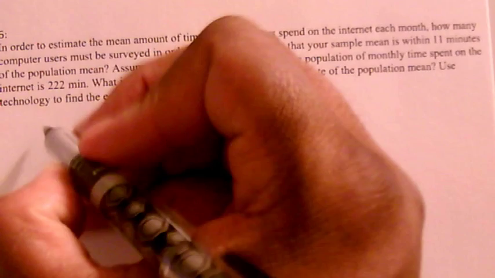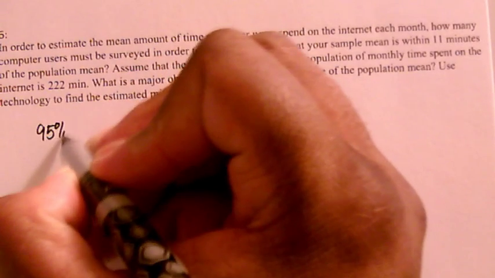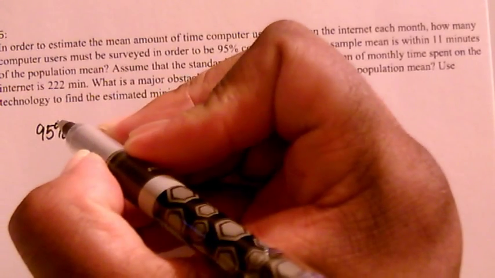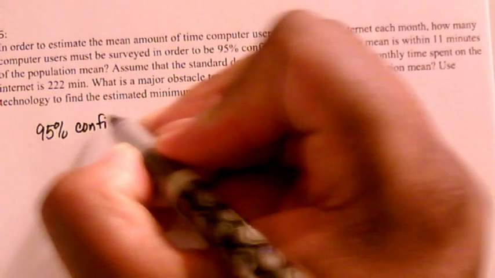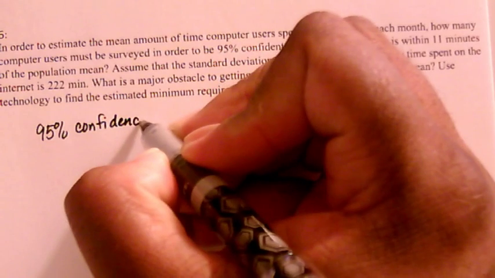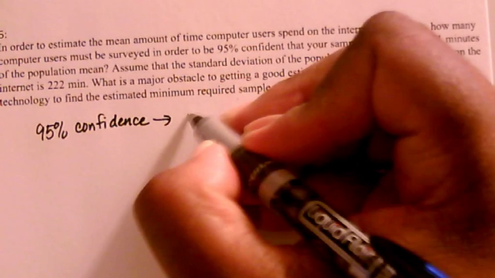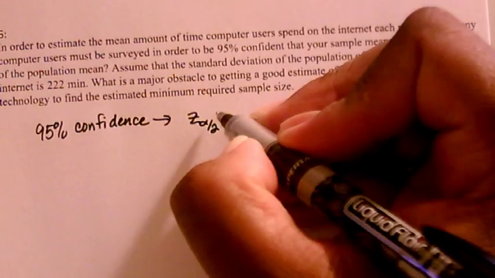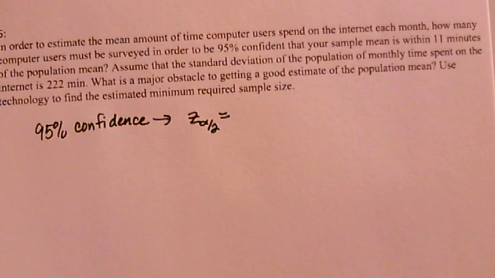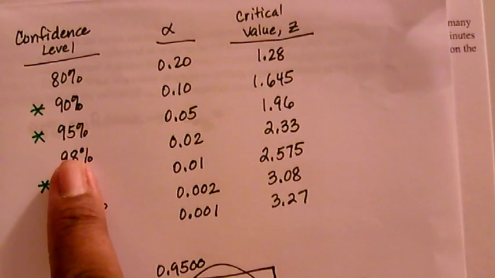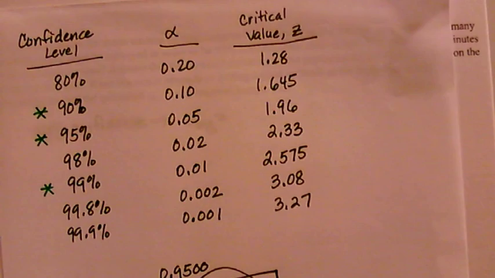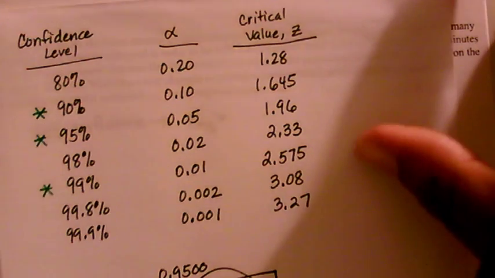we have a 95% confidence, or we want to be 95% confident. That means Z of alpha over 2. Let me go ahead and pull that table back up. 95% confidence means that your Z value is 1.96. Okay?